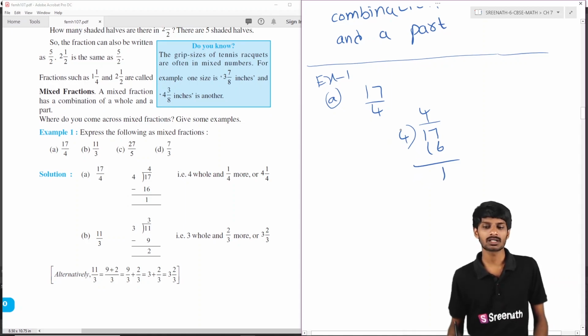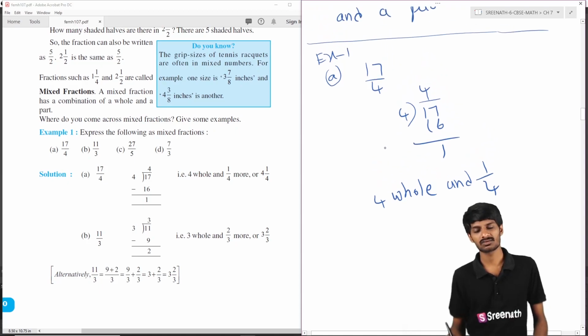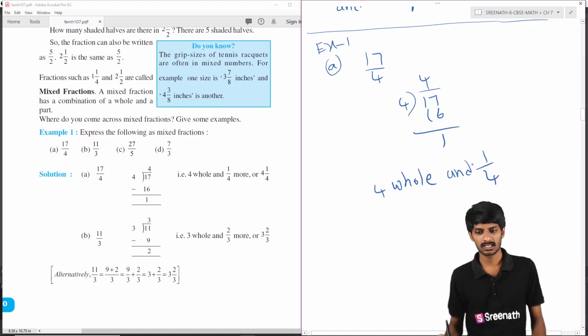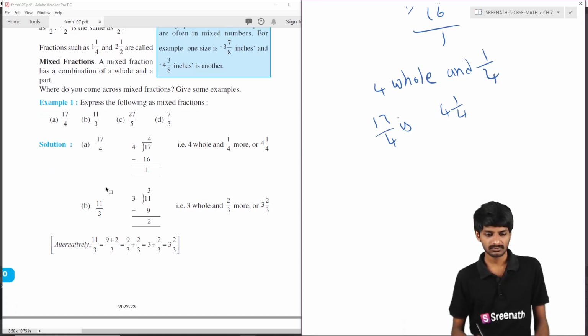So which means 4 whole and 1/4. So here there is a 4. That's why 4 whole and 1/4, students. So it is nothing but 4 1/4. So 17/4 is 4 1/4. It is the improper fraction and it is the mixed fraction.